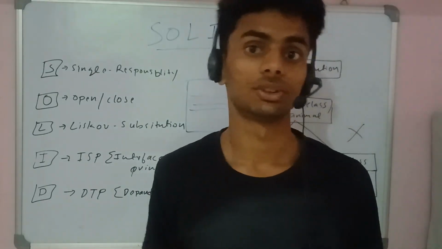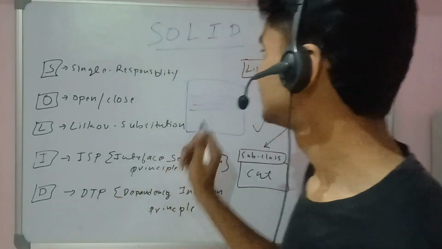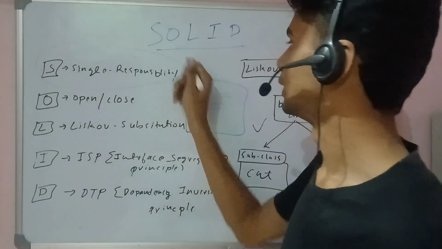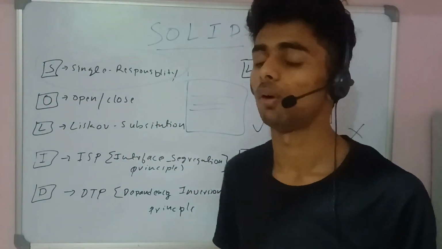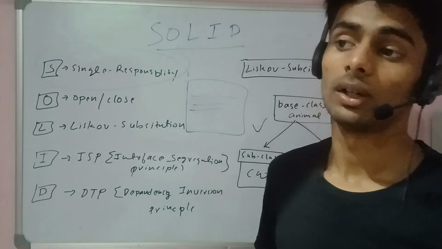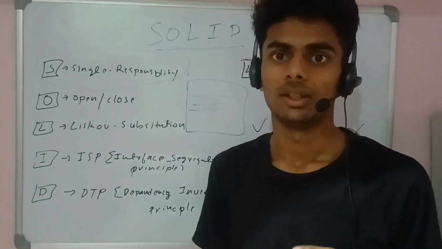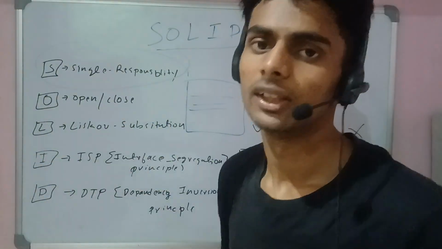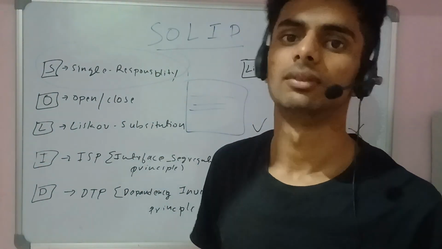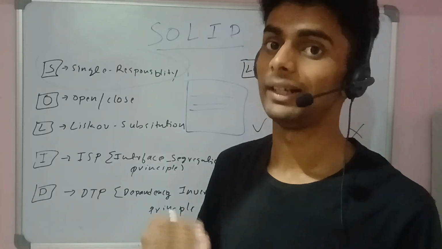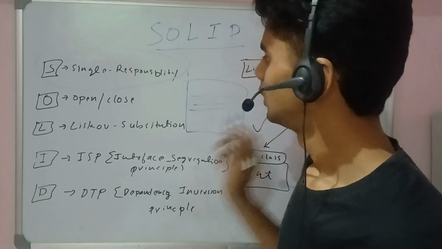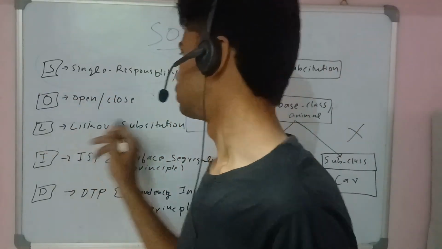For understanding purposes, this is important. So that's what single responsibility wants to say: one particular class, one particular object, is dedicated to one single responsibility, not multiple. That maintains the structure of our code. Second, open and close.